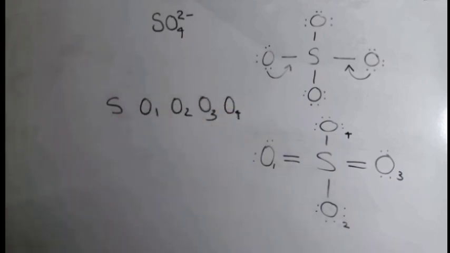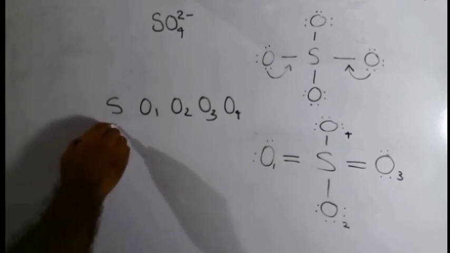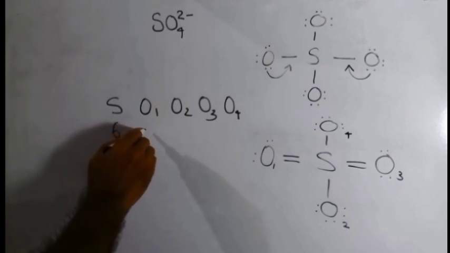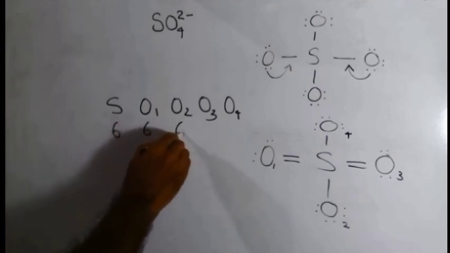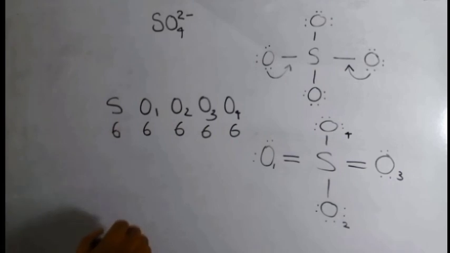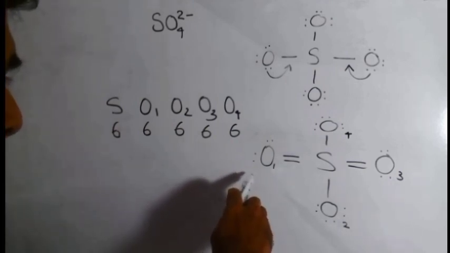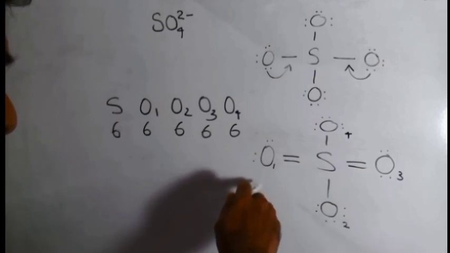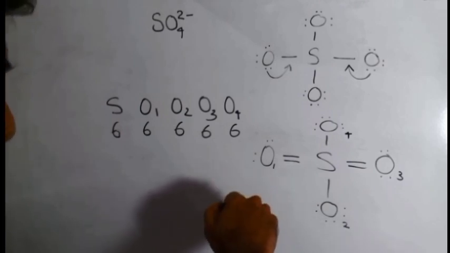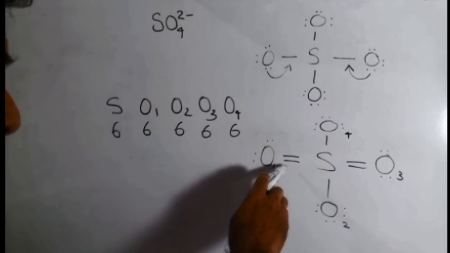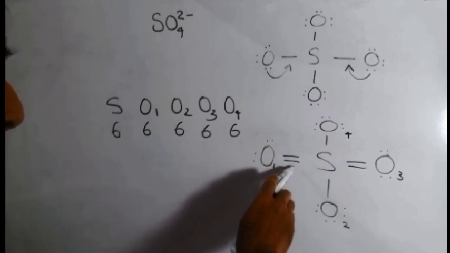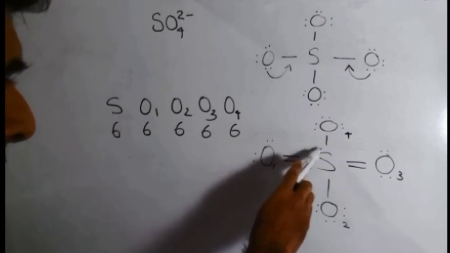So in this method, first we have to write the valence shell electrons. Already we know sulfur and oxygen atoms have 6 electrons in their valence shell, and after that we have to count the number of electrons belonging to one atom. So in this method we take only half of the total electrons from the double or single bonds.